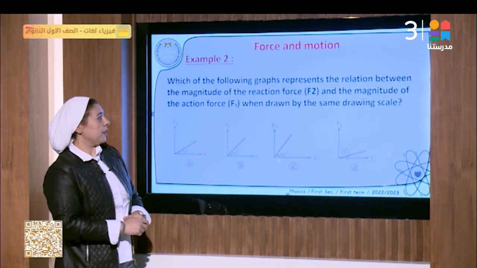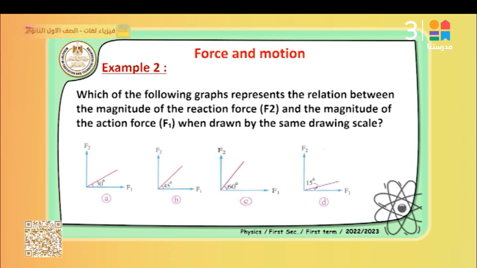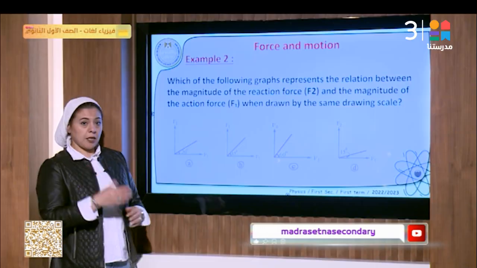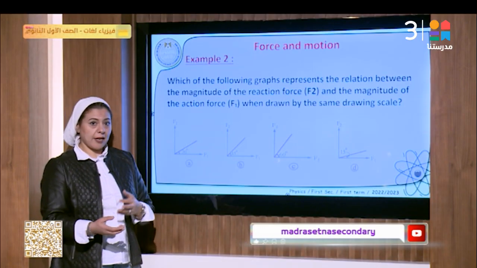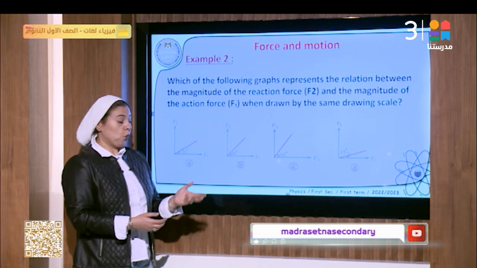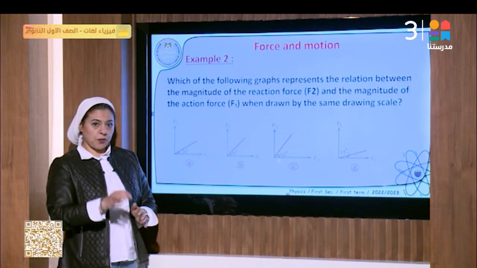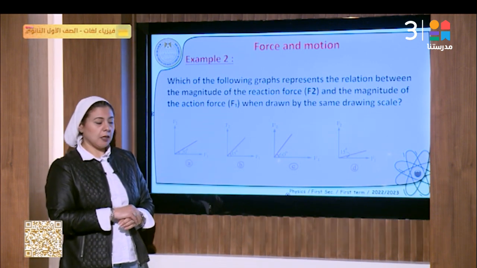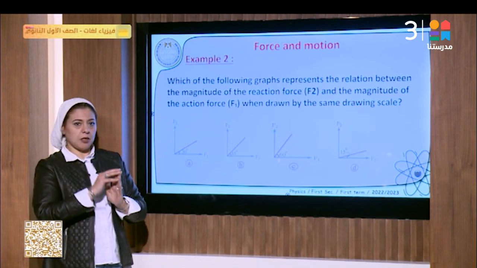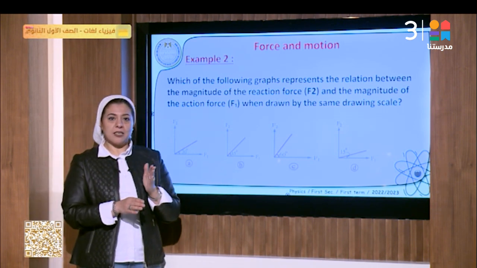Which of the following graphs represents the relation between the magnitude of the reaction force F2 and the magnitude of the action force F1 when drawn by the same drawing scale? Here we made a relation between F2, which is the reaction, and F1, which is the action. Which graph represents the right relation? Well, first we agreed that F1 equals minus F2.